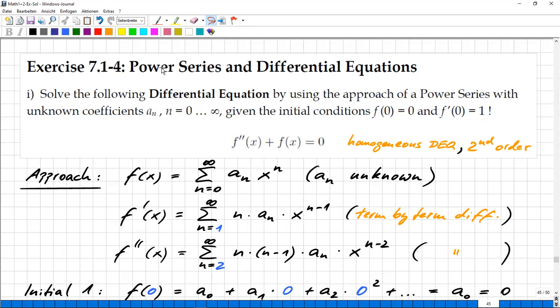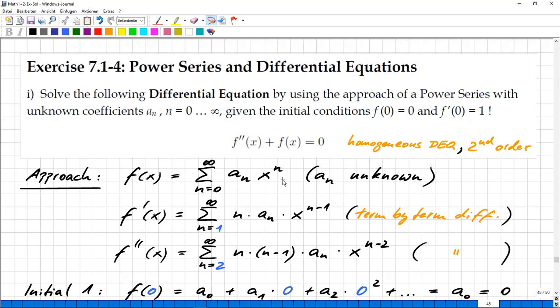Now, the approach in this exercise is to try and use a power series. f of x is our unknown function, but we construct it by means of an infinite power series in the usual way: summation over n, starting from 0, approaching infinity, using a_n as a coefficient, and then, of course, x to the power of n as our usual power term inside.